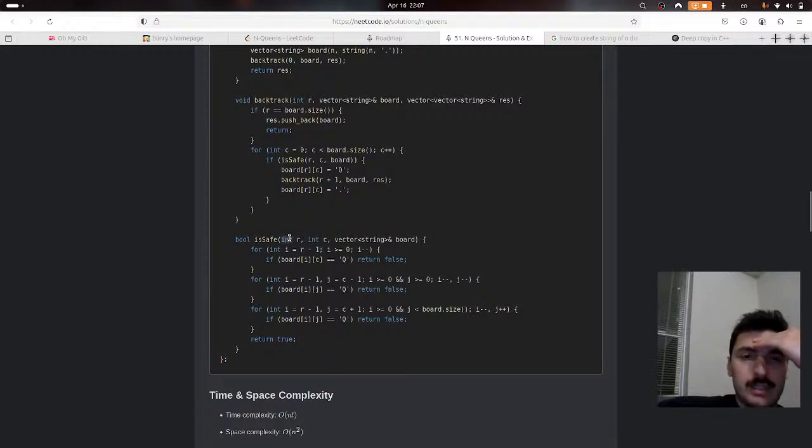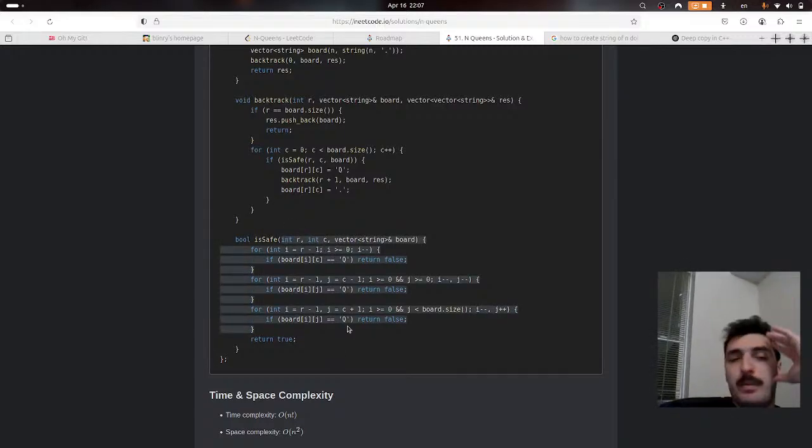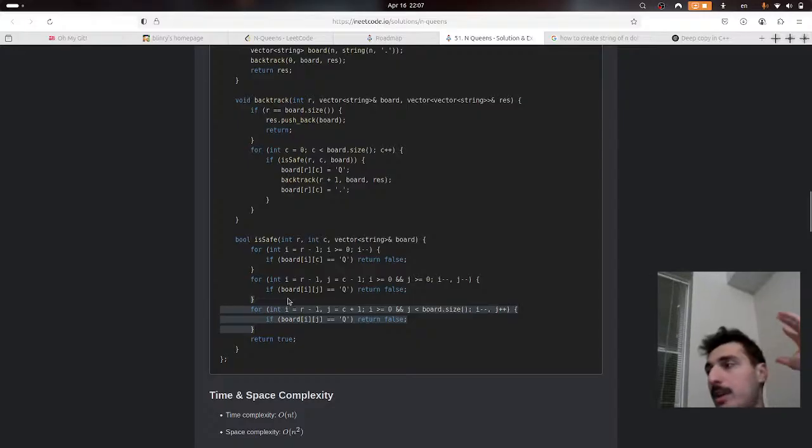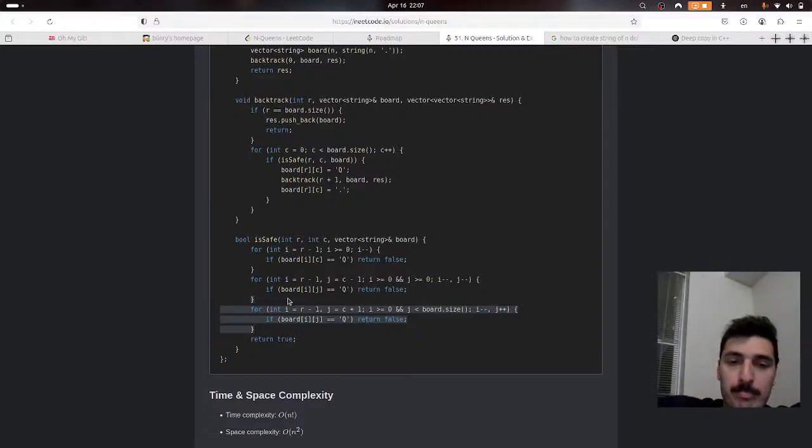So how is this save function working? All right, we have row and column, right? Which row and then which column?